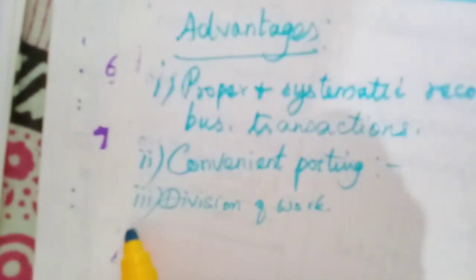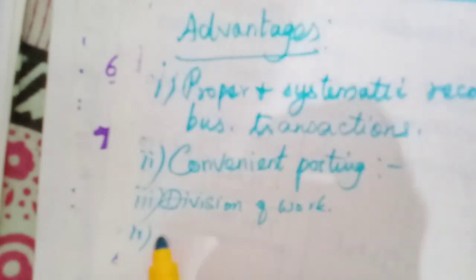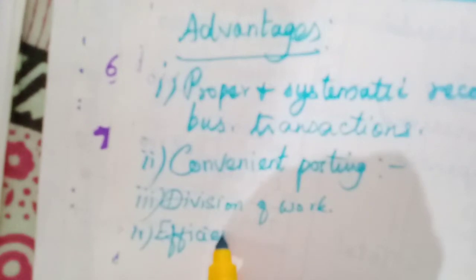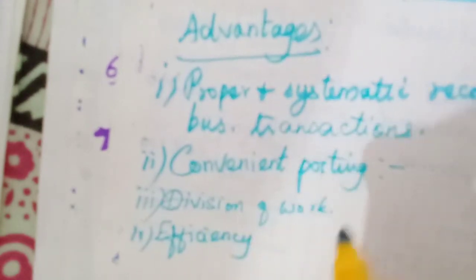Then the fourth point is efficiency. This efficiency is coming because of the division of work. One particular clerk is responsible for entering all the credit purchases in the purchases book, so he is becoming very efficient.